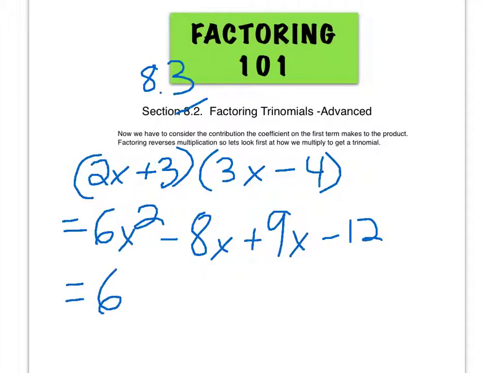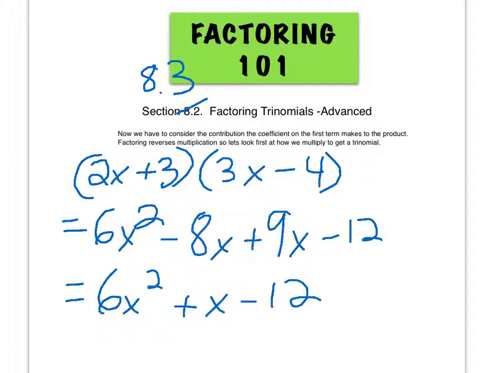The two terms in the middle will combine to give you a positive x. Notice how that was created. The two constant terms multiply together to give you that constant term at the end, the negative 12. The two leading terms, 2x and 3x, multiply together to give you the 6x squared.